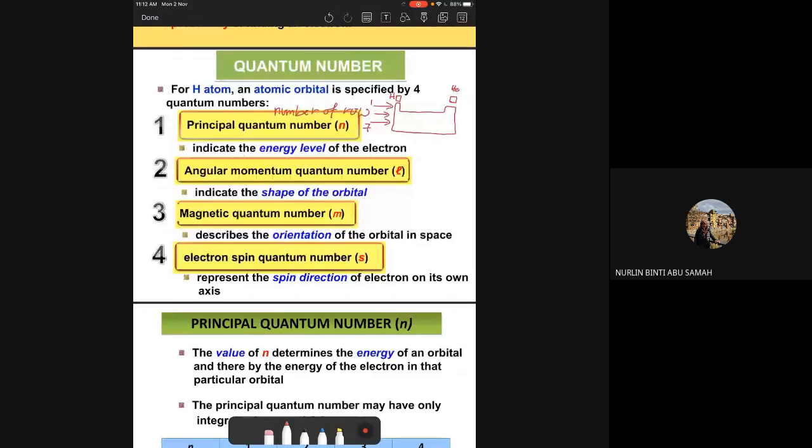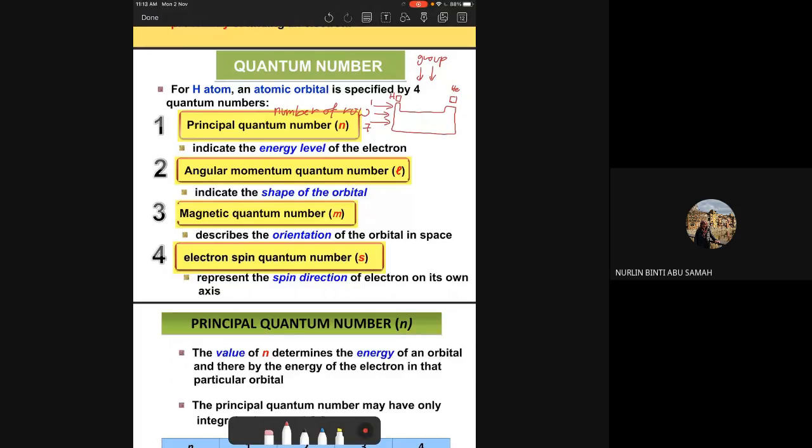Kalau group macam ni. This is how you look at the periodic table. Electron valence, yes, kita akan refer kepada group. Okay? Macam contoh klorin kan? Klorin, so dia ada pada group 17. So kita assume dia ada 7 electron valence. Okay? So this is the things that you need to extract from the periodic table.